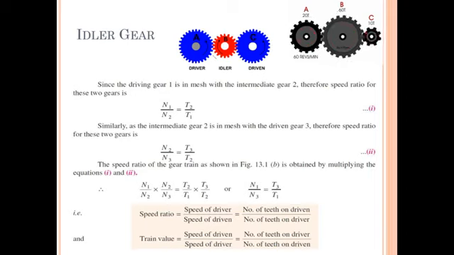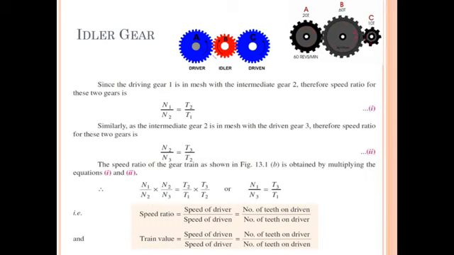Now for this simple gear train having A, B, C gears or 1, 2, 3 gears, we will find out the velocity ratio or speed ratio. What is velocity ratio? We have seen earlier as well, that is velocity of driver divided by velocity of driven, that is N1 upon N2 for the first two gears. Suppose A gear is the first gear and B gear is the second gear, therefore for these two gears the velocity ratio will be N1 upon N2, equal to T2 upon T1, the reciprocal of the number of teeth.